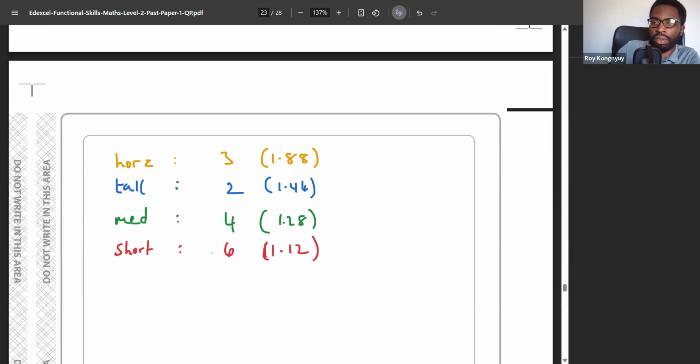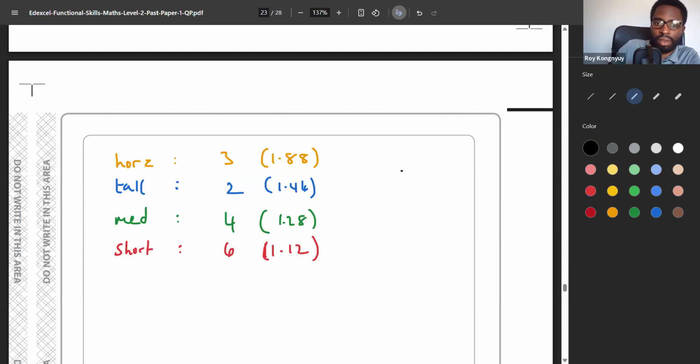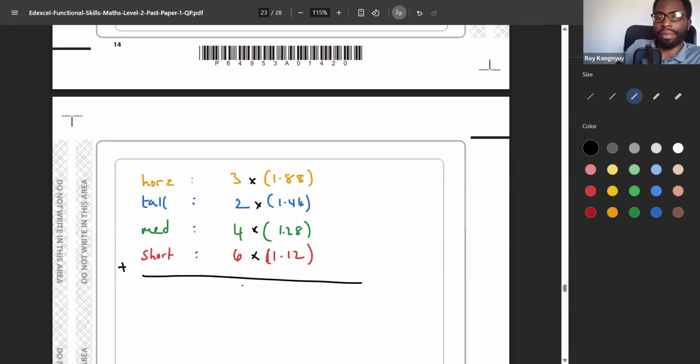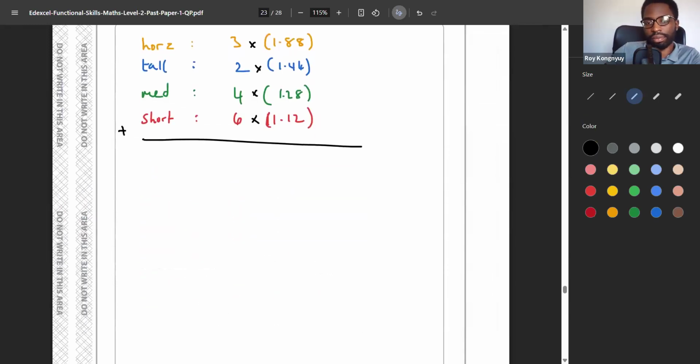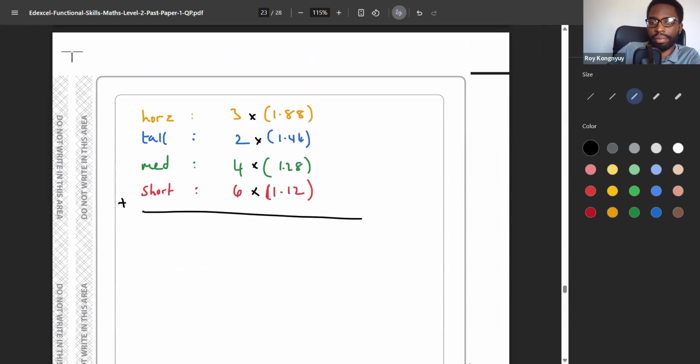So really, we want to do this, and then sum it all up. And that will tell us the total length of metal we need. Let me do that right now. 2 times 1.8, that's 3.76. This is 2.88. This one is 5.12.